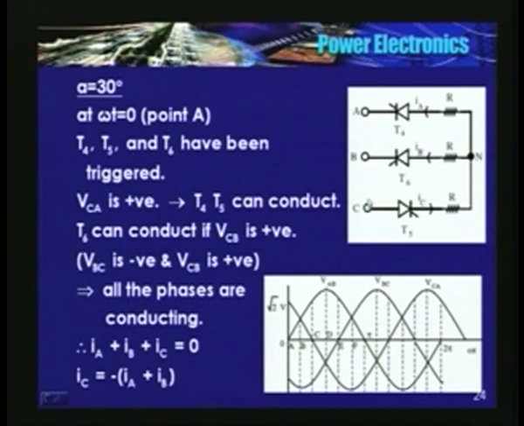Yes, in this region VCA is positive. You can have current flowing from T5 to T6 provided VCB is positive. Yes, VBC is negative, so therefore VCB is positive.